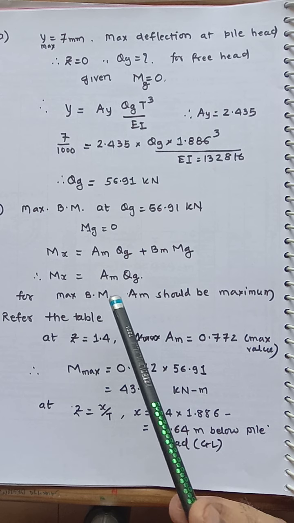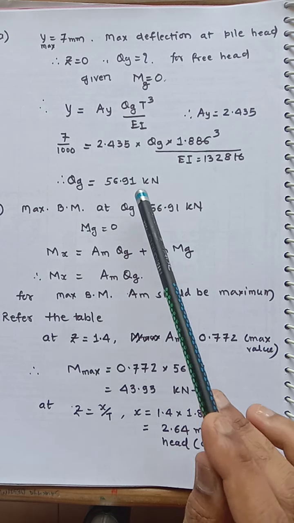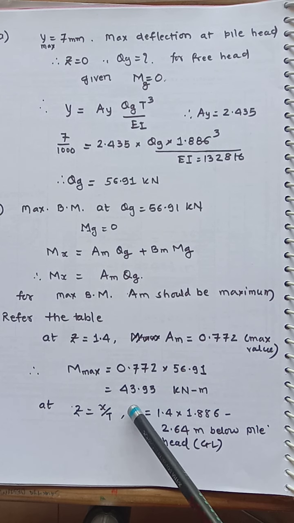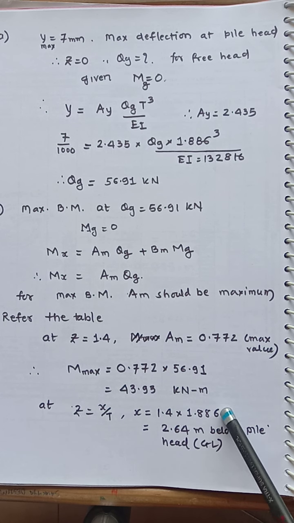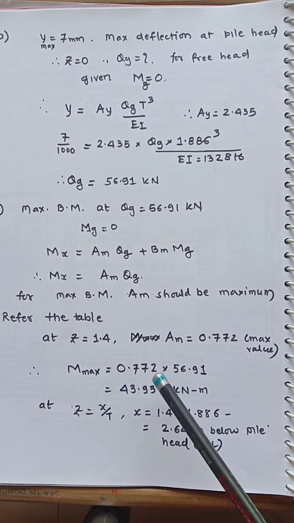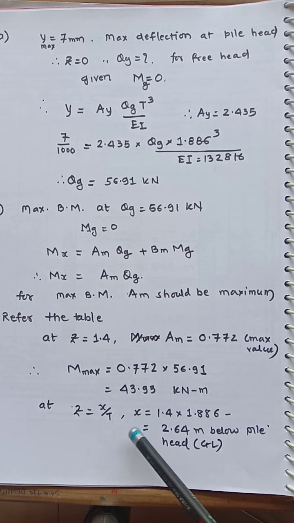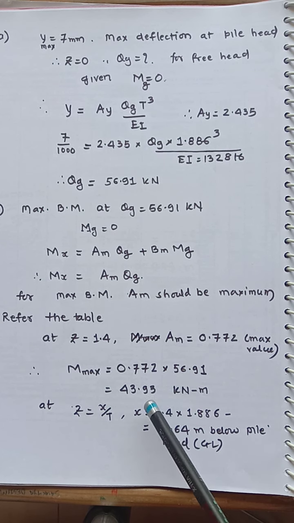Substituting that value here, Am into the given Qg value of 56.91, we get the maximum moment as 43.93 kilonewton meter, and it takes place at Z = 1.4. So Z is x by T, therefore x = 1.4 × T = 1.4 × 1.886, which is 2.64 meter below the pile head, that is from ground level.